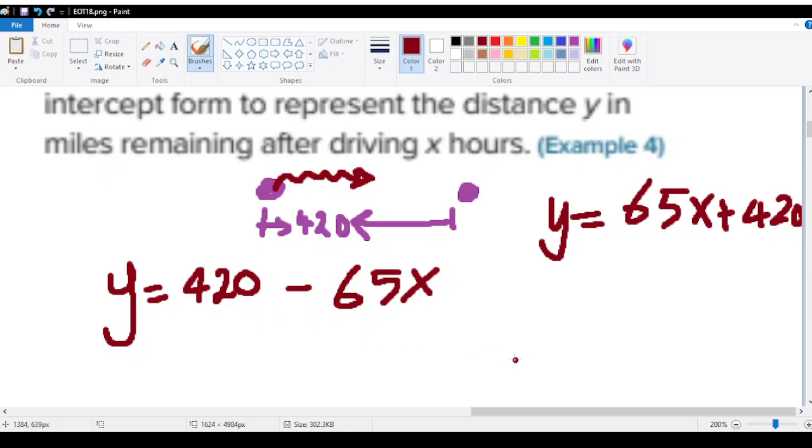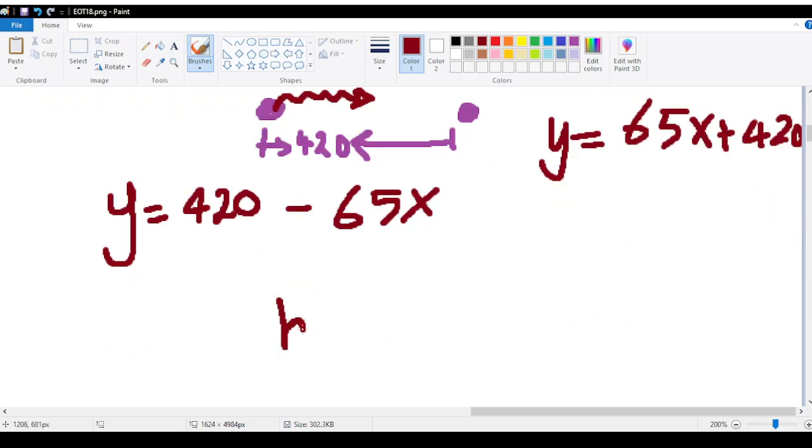What's the value of b, Shamsa? The value of b is 420. That's great. What is the value of m? 65. No, not 65x, it's the coefficient of x.